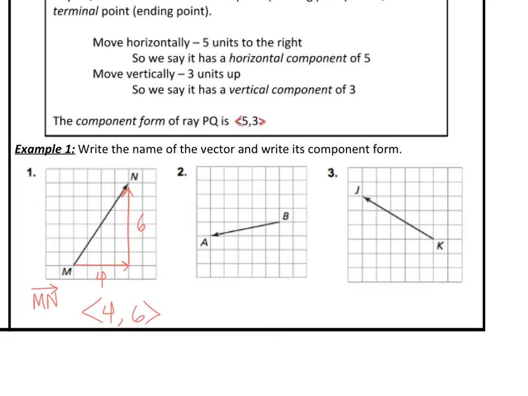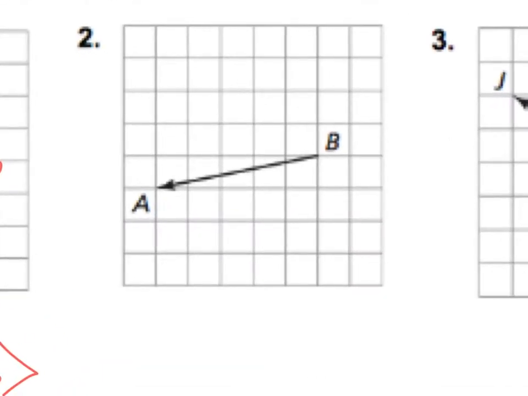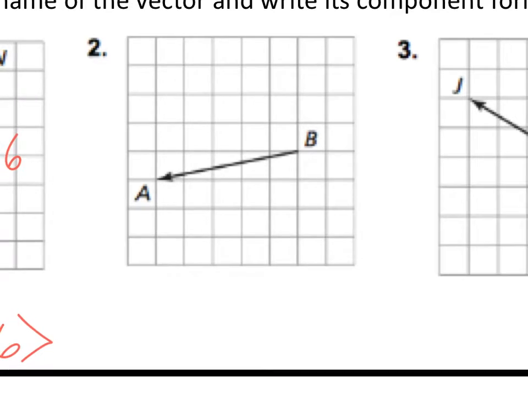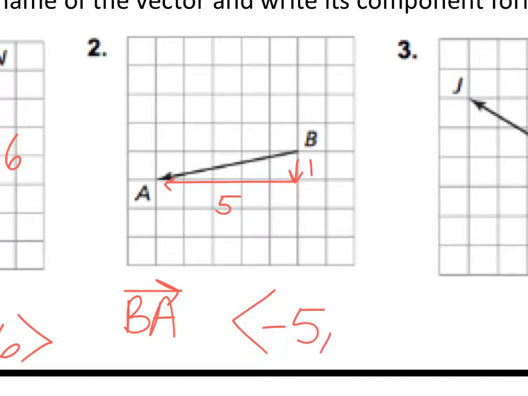Next one. This vector goes from B to A, so we write it as ray BA, and it goes left 5, down 1, so that would be negative 5 for left and negative 1 for down.